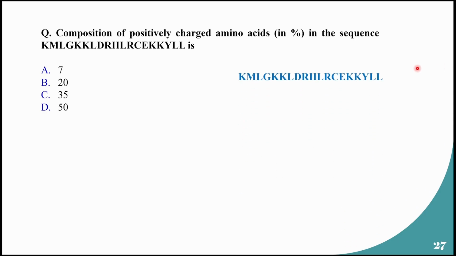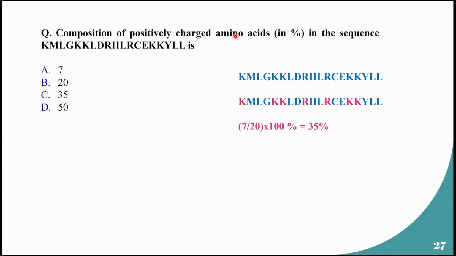Then what we talked about is that a big part of analysis is trying to understand whatever sequence or structure you have, and trying to calculate different parameters that will give you insights into those sequences or structures, right? So we talked about one very simple parameter, that is the composition of certain types of amino acids in a particular sequence.